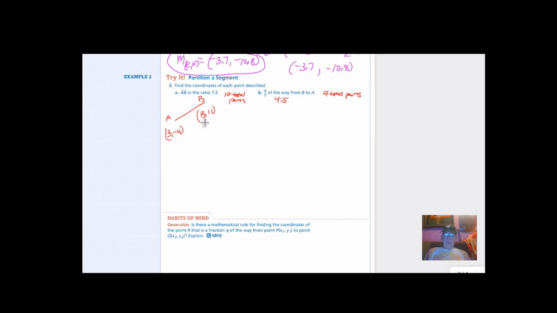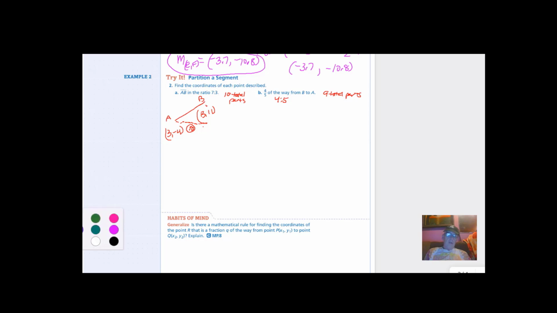We also want 7/10 of the way from the y coordinate that goes with A to B. So what we could do is think about this distance here, which is our x distance. And our x distance is the difference of the x's. We're going from 13 to 3, which is a distance of 10 units. And we could also look at our y distance.